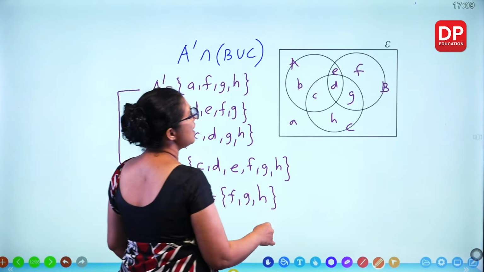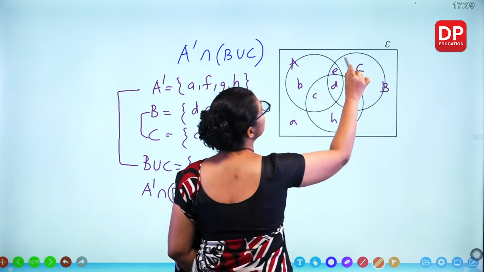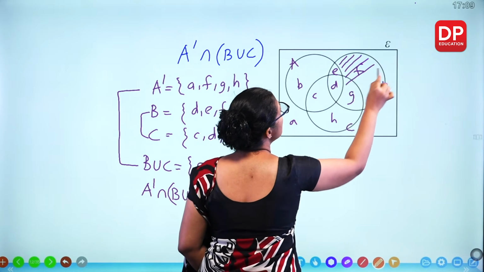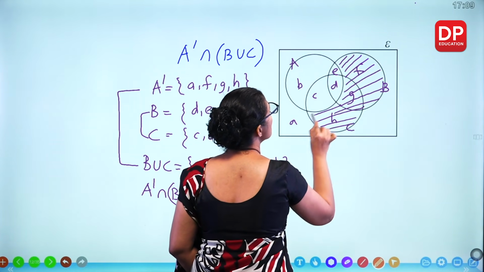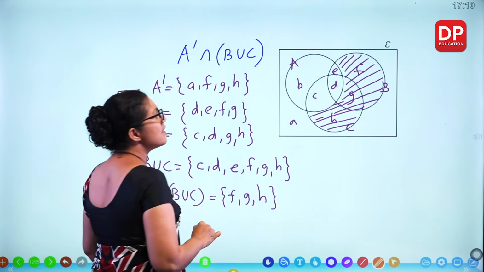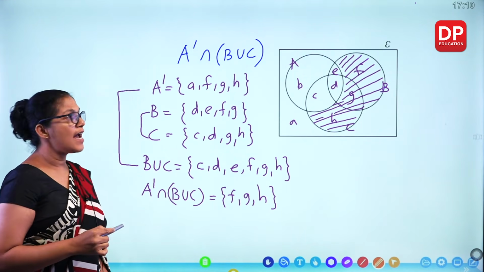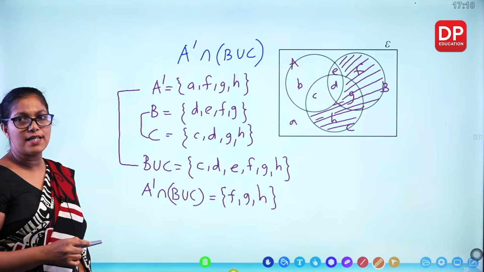F, G, H. So this is the region for A dash intersection B union C.